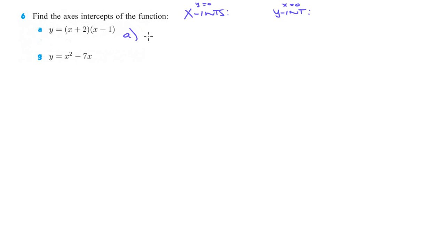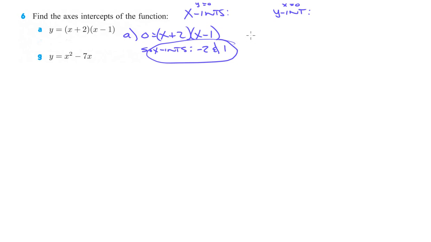Let's find our x-intercepts. So that's going to be 0 equals x plus 2 times x minus 1. We're already into the zeros here. The x-intercepts are going to be whatever makes this equal to 0, negative 2, and whatever makes this equal to 0, positive 1. So there's our x-intercepts. And then the y-intercept is when x equals 0.